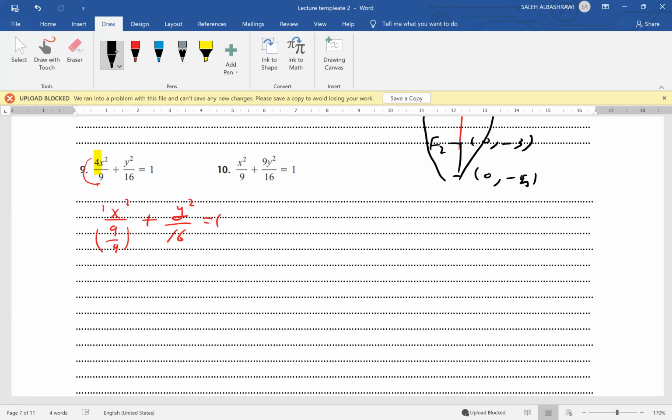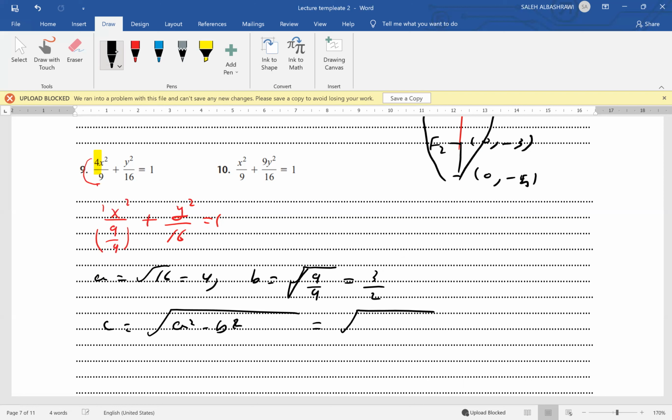A will be the square root of 16, because 16 is larger than 9 over 4. So A equals the square root of 16, that will be 4. B equals the square root of 9 over 4, that will be 3 over 2. And C is equal to the square root of A squared minus B squared.